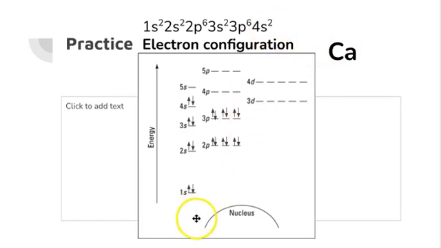I'm also going to double check my arrows. 2, 4, 6, 8, 10, 12, 14, 16, 18, 20. So this is my symbol calcium. This is my orbital diagram, which shows the arrows. And then this is my electron configuration, which shows the code or how you would write out where the electrons are found around an atom.